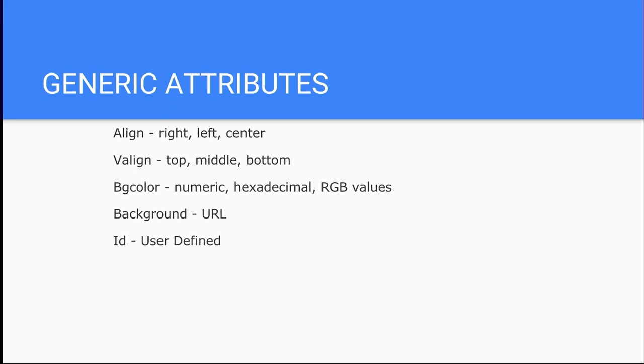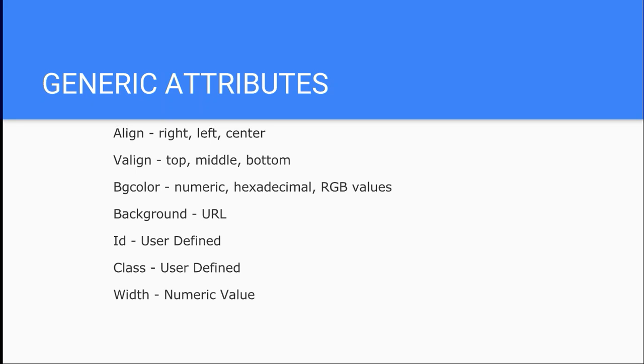And the next one is id. It's a user defined attribute. It names elements used with cascading style sheets, that means CSS. So we will discuss this when we deal with CSS. The next one is class. This is also user defined, and this is also for CSS.